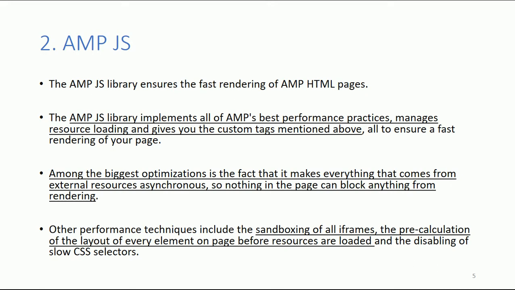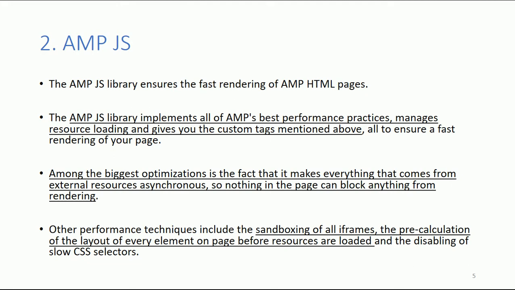Most components are loaded from a remote server. The AMP library implements all AMP best performance practices, helps to manage resources, and comes with custom tags that help to render your page.